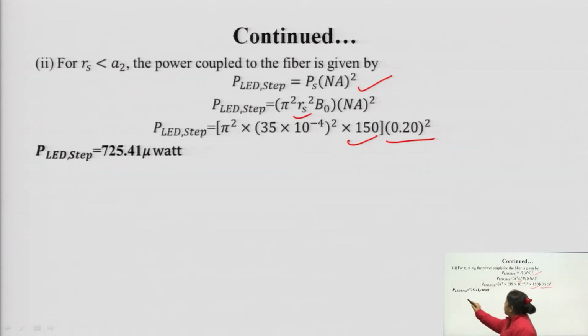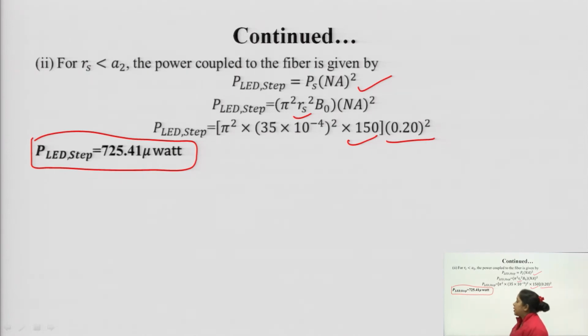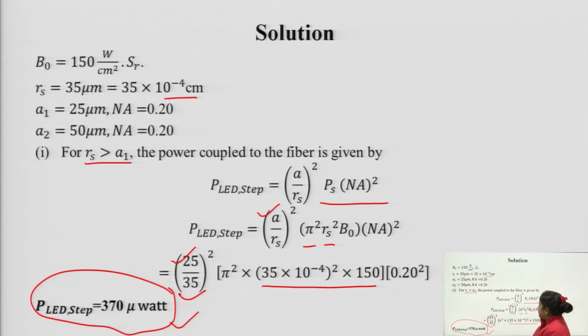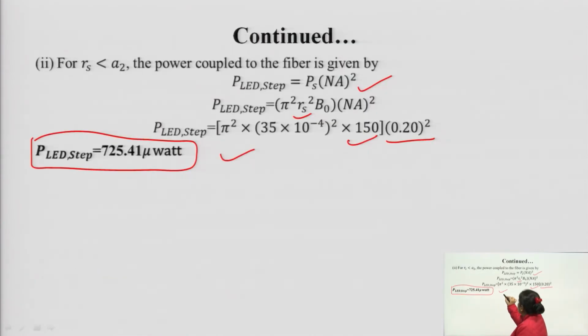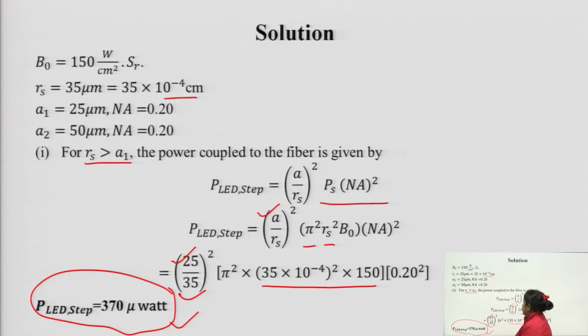We are able to calculate the value of power coupled to the step index fiber from the LED. So, the interpretation we get is that the power coupled in the second case is larger as compared to the first one.